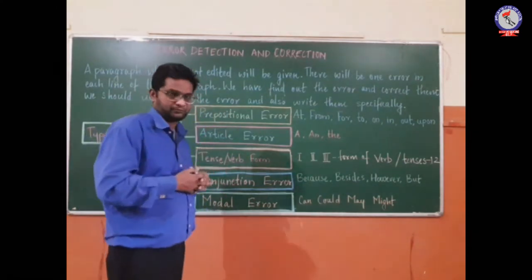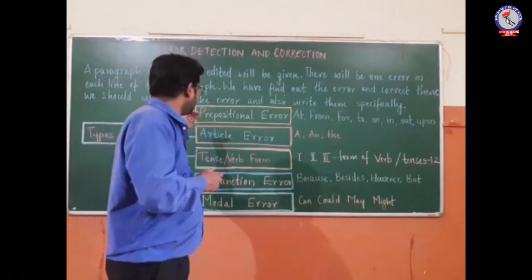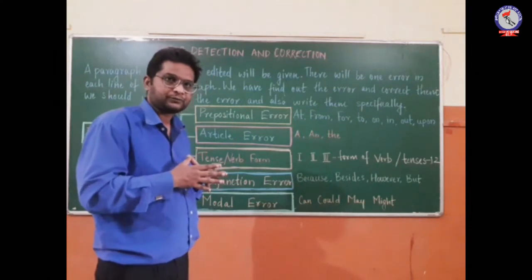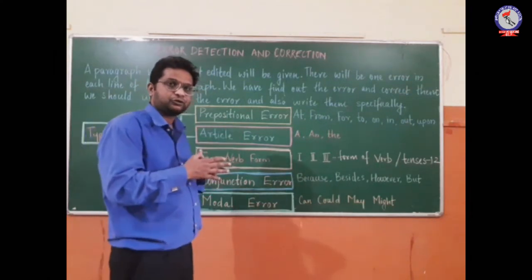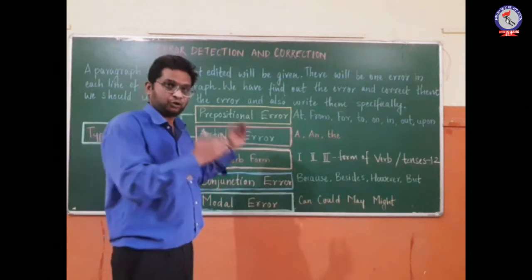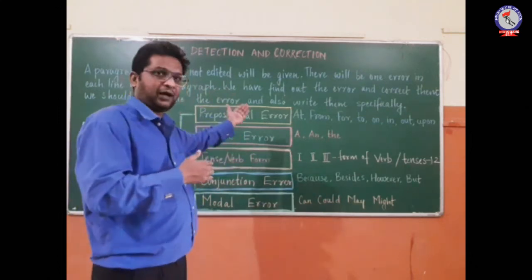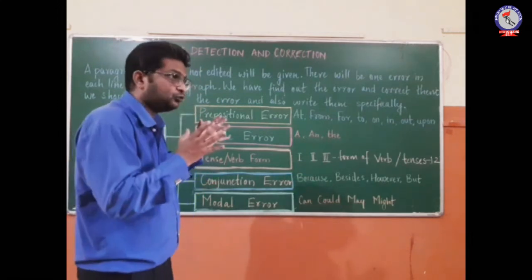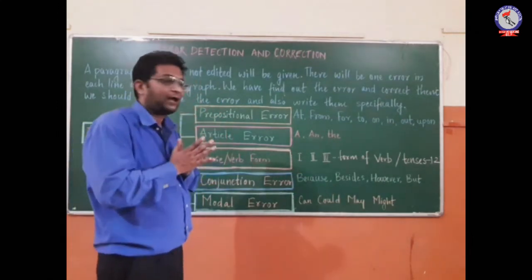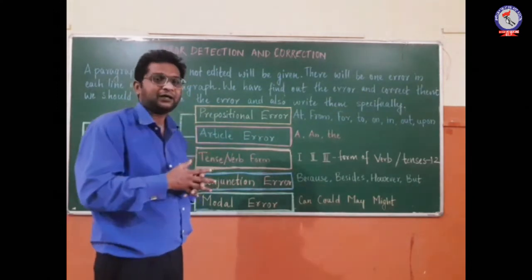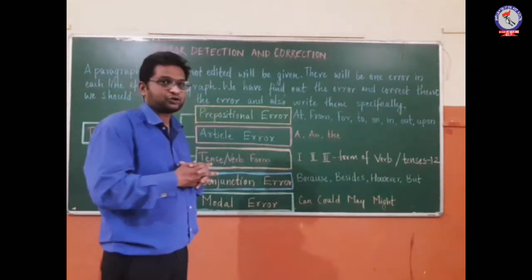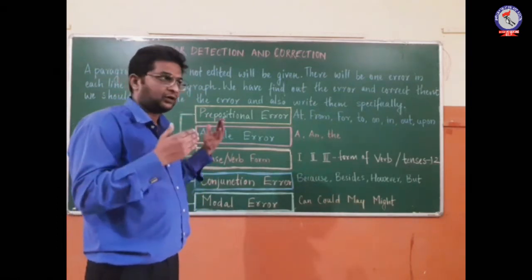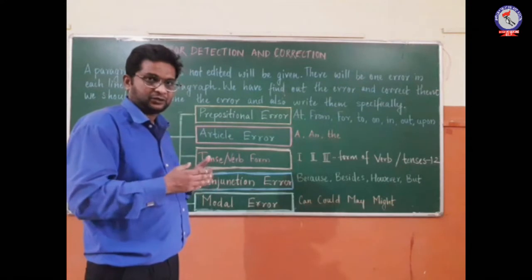Prepositional error. That means you will come across incorrect prepositions used in each line of the paragraph. So you have to identify the prepositional errors used in the sentence, in the line.